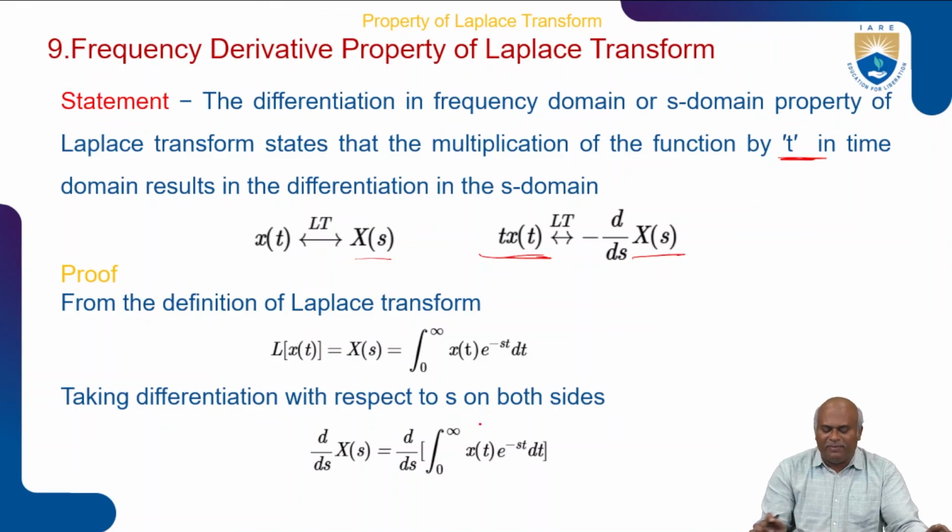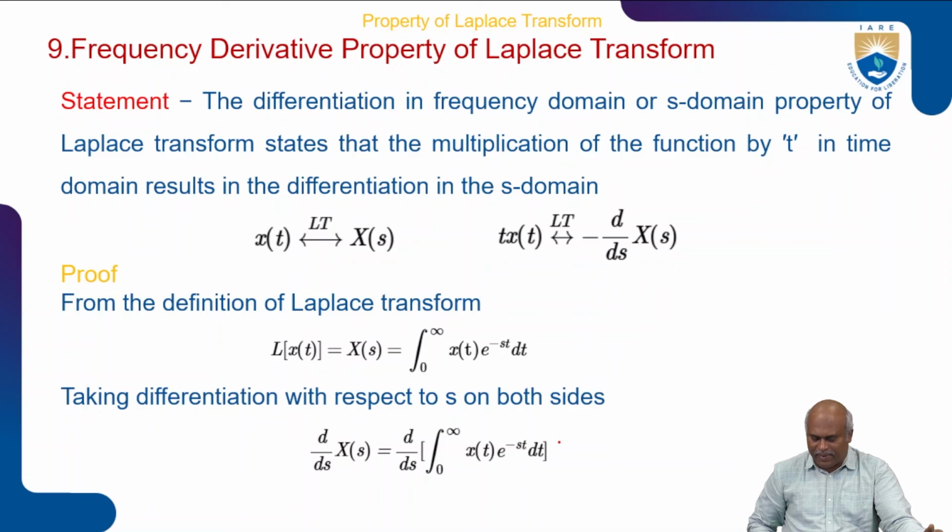By taking differentiation with respect to s, I take d by ds X of s equal to d by ds of the integration from 0 to infinity of x of t e power minus st dt.